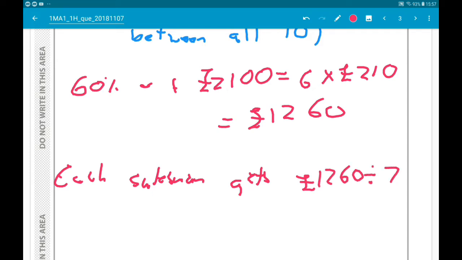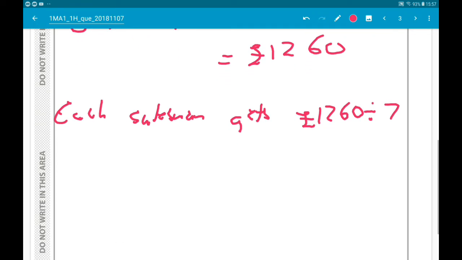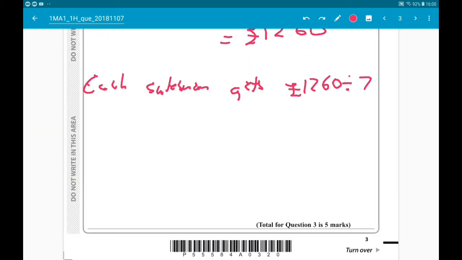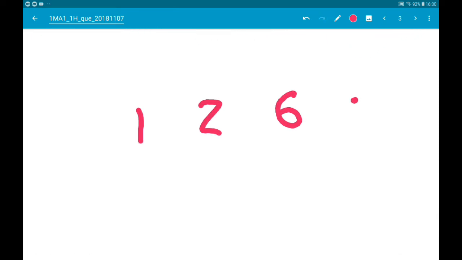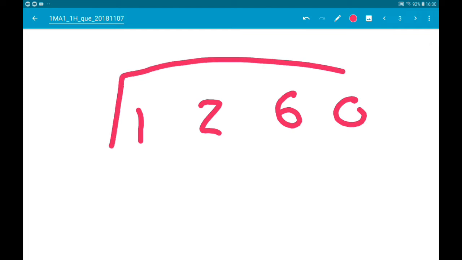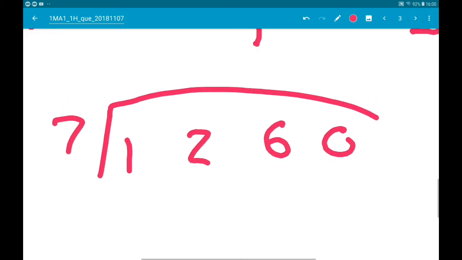So, if we use the bus stop, then we need to do 1260 divided by 7. So 7 into 1 not happening.